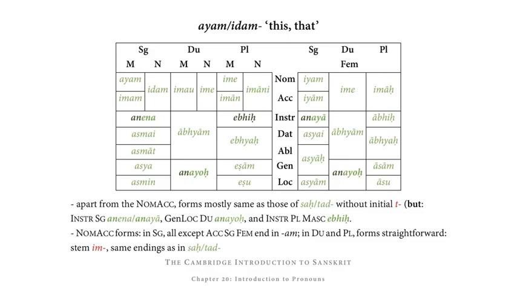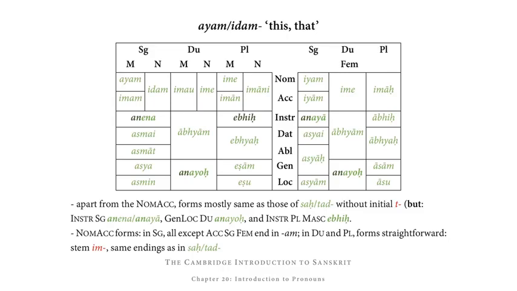Now, it looks like we've got a rather large number of new forms to learn here, but the reason why ayam idam is introduced in the same chapter as sah tad is that actually many of its forms are very similar to those of sah tad. Namely, if we look at the forms from the instrumental on, so instrumental, dative, ablative, genitive, locative, we will see that they basically are exactly like those of sah tad, except that they're missing the initial t.